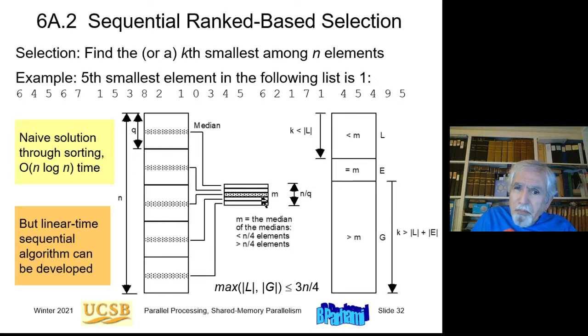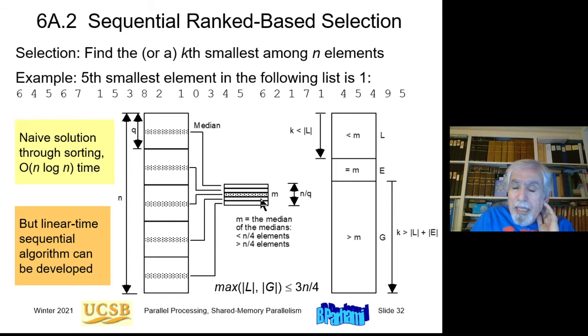But roughly speaking, this m value is larger than half of these, in other words, n over 2q, and each of those elements in turn is larger than q over 2. Therefore, n over 2q times q over 2 will be n over 4. So each of these two lists, up there and down here, has a size at least n over 4, and therefore the larger of the two has a size less than 3n over 4.